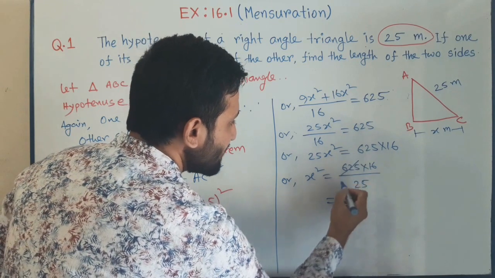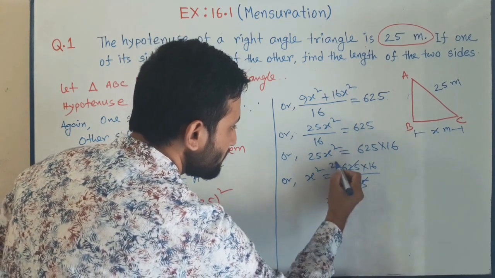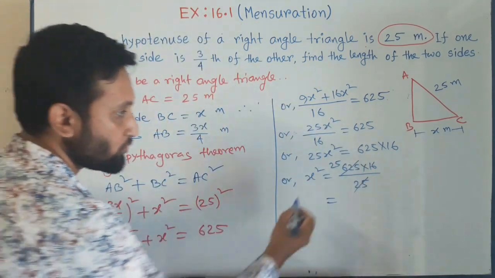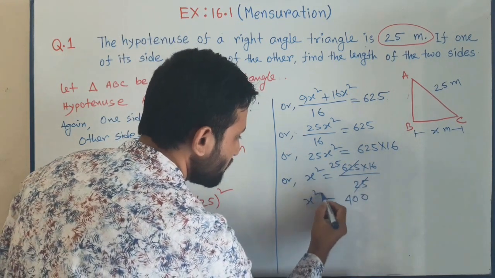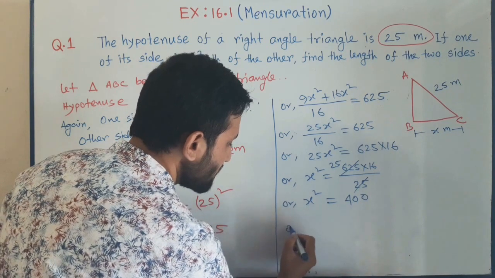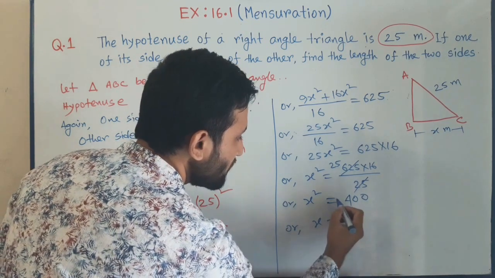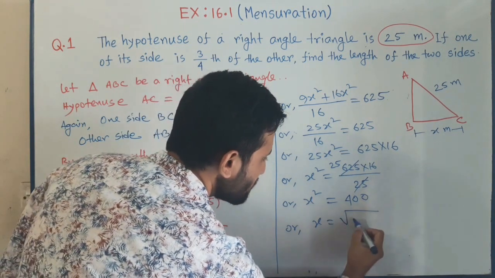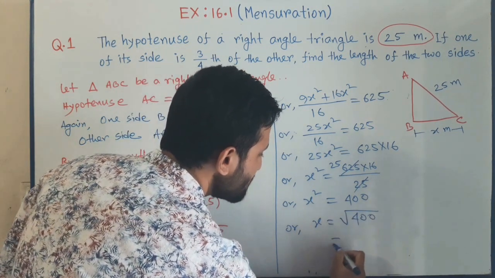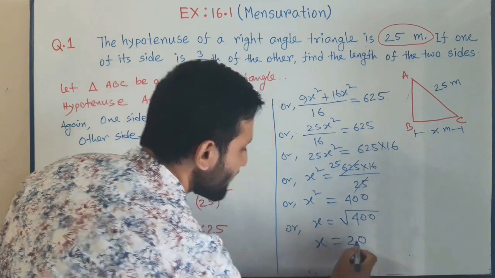So 625 and 25, 25 into 16, that means 400. So x square equal to 400. So x equal to square root of 400, that means 20. So the value of x is 20.